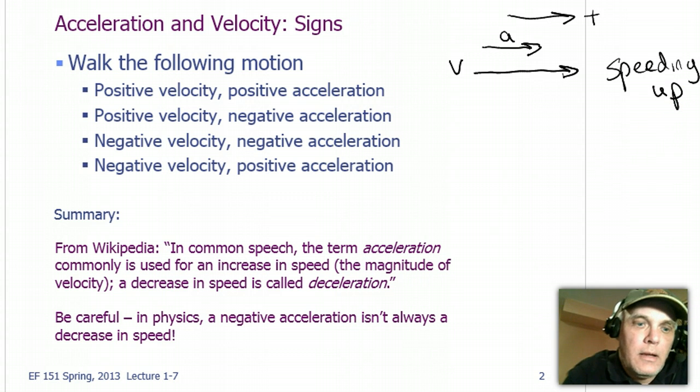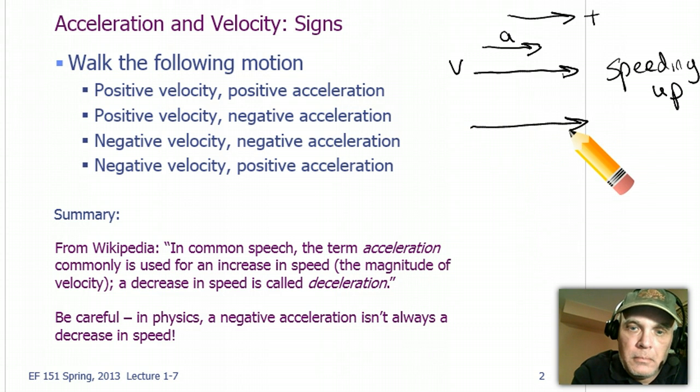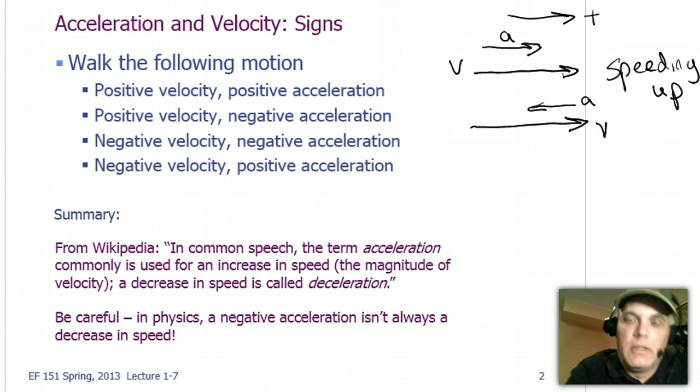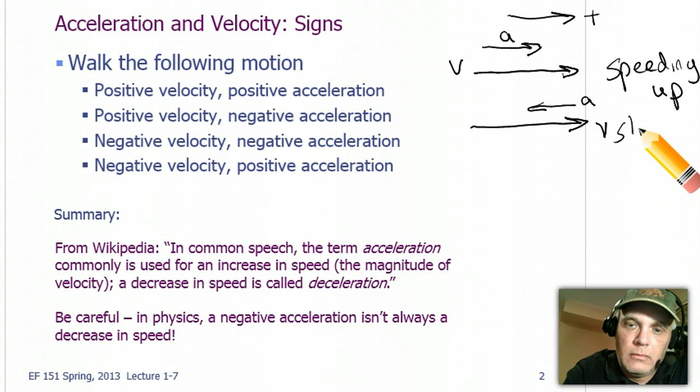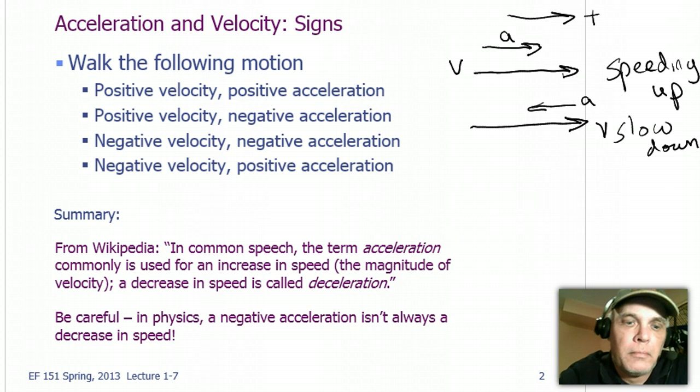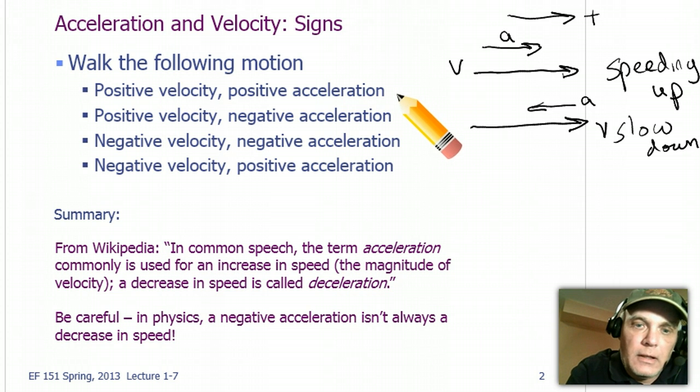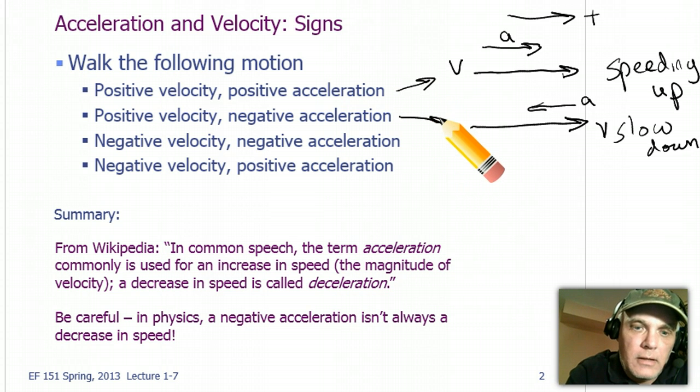Second case, positive velocity, negative acceleration. So now she's running into the wind. That's obviously going to slow her down. So that's case 1, that's case 2. Negative velocity.